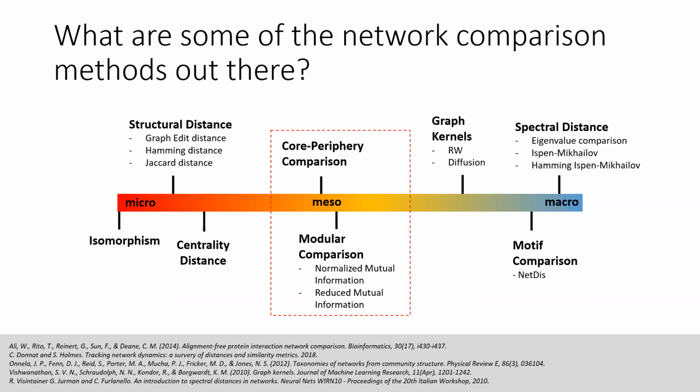Now I'm going to highlight three network comparison techniques and show some of the limitations using a toy example. I want to focus first, if you look at the micro scale, on the region called structural distance. And specifically, the Hamming distance is quite a well-known distance that's used broadly.